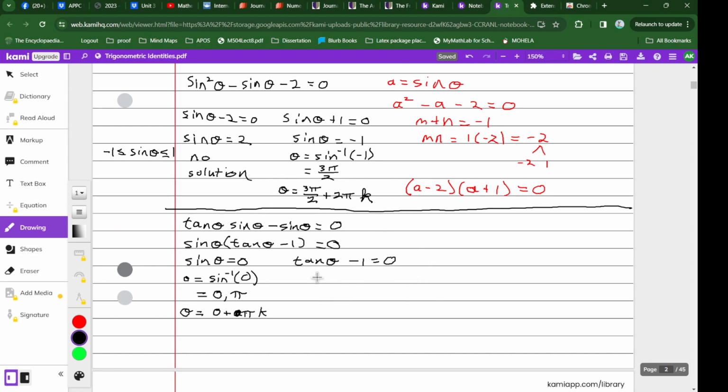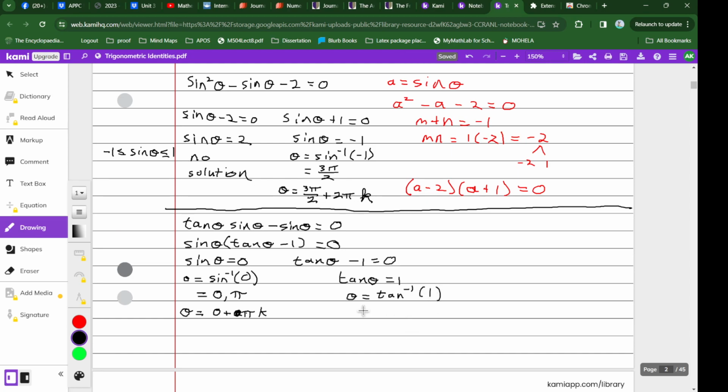Now over here on a tangent, if tan theta minus 1 equals 0, that tells me that tan theta is 1, which means that theta is tan inverse of 1.